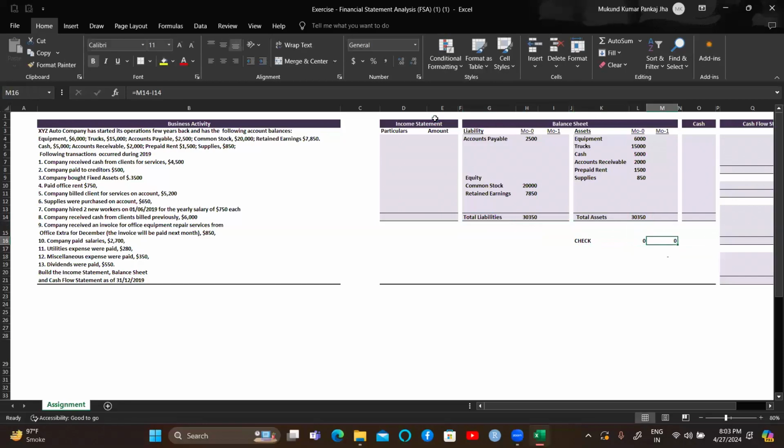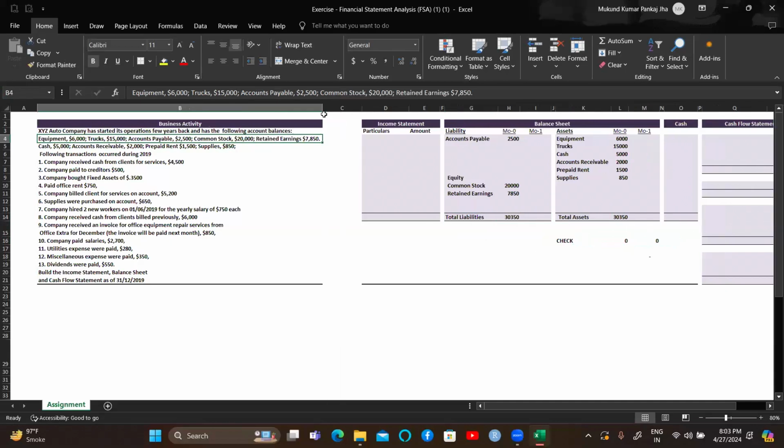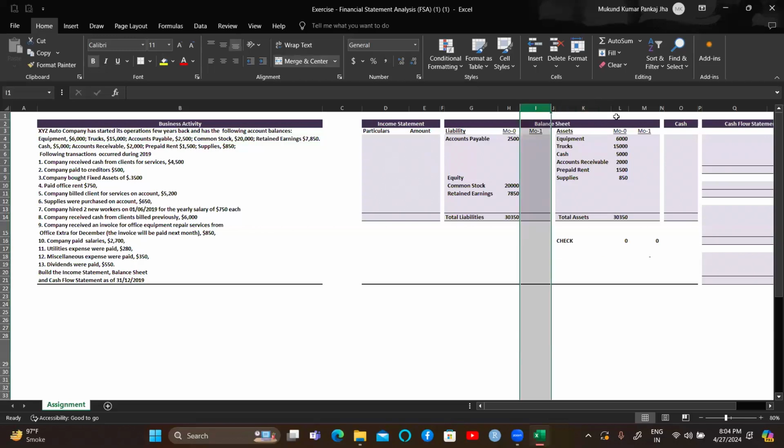Perfect. Now, someone asked me how can we model our financial statement in such a way that after every transaction, our financial statements, that is balance sheet, gets matched exactly?